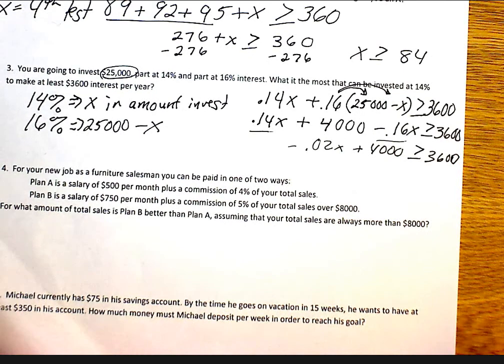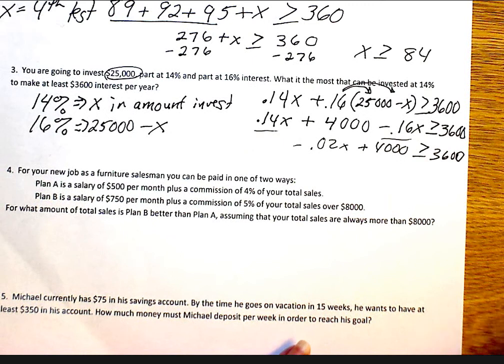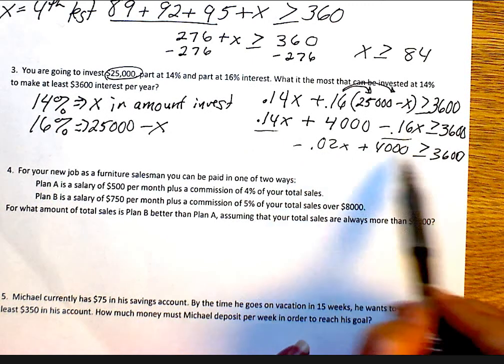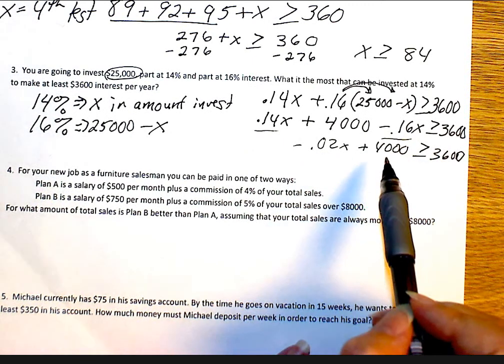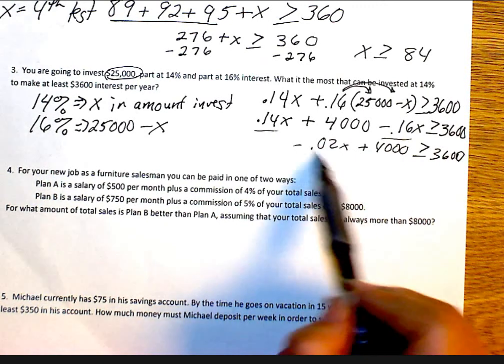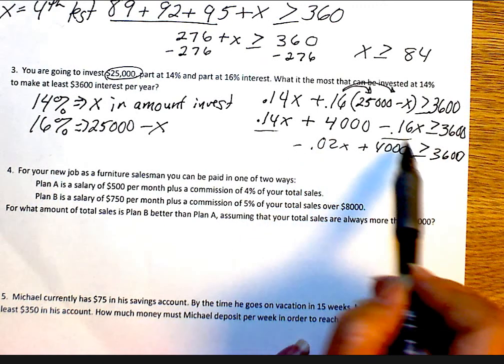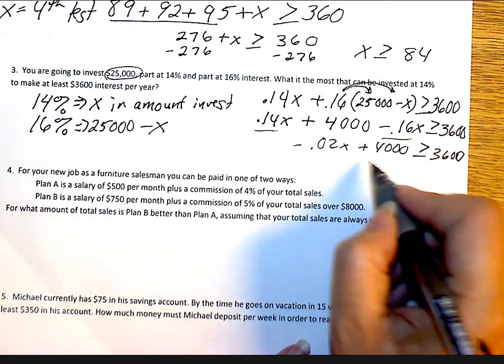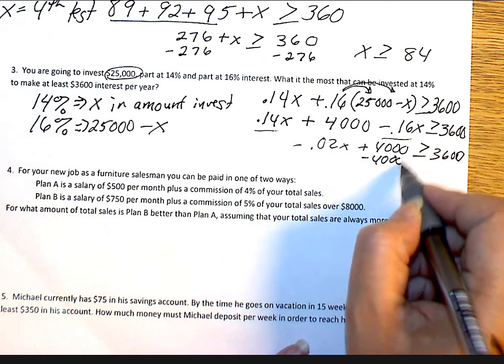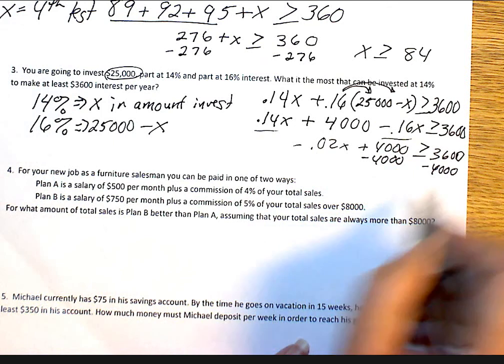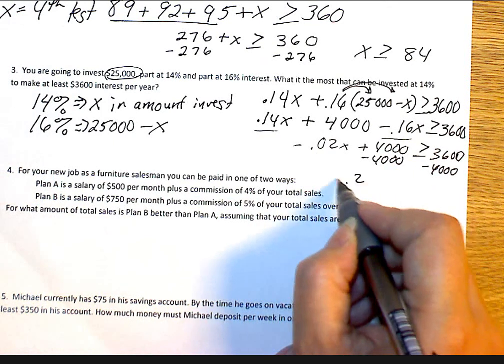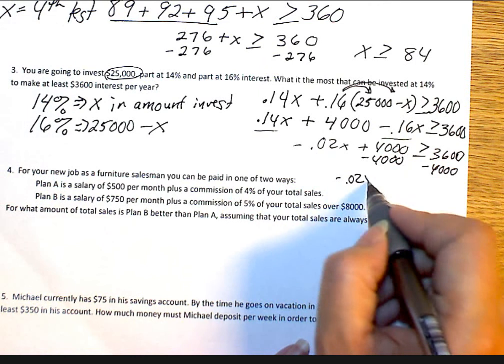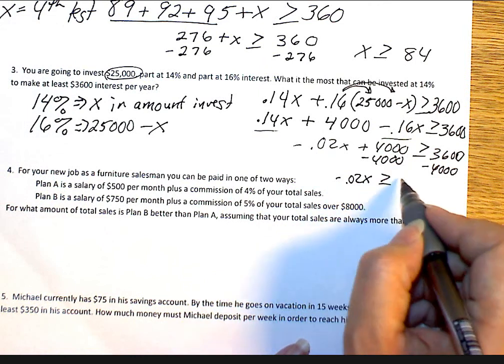Tristan, what's my next step? Okay, but what if you were here, what would you do next? I'm trying to get this by itself. So what is this doing to x? So you're going to subtract 4,000 from both sides. If you guys did it wrong, make sure you are copying it down too and doing it with us.